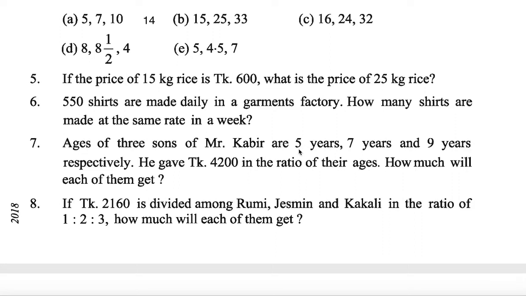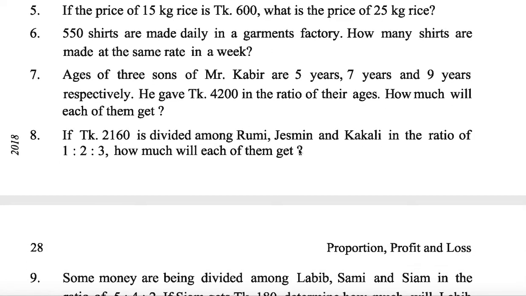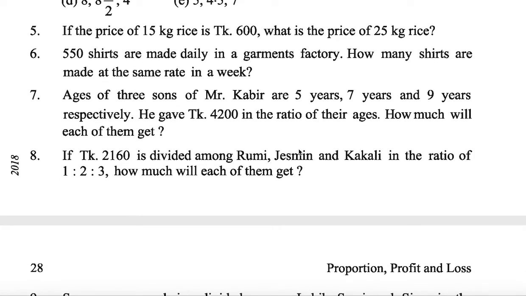The price of 15 kg rice is 600 taka. What is the price of 25 kg rice? How much will it be? 15 by 600 is equal to 25 by something.